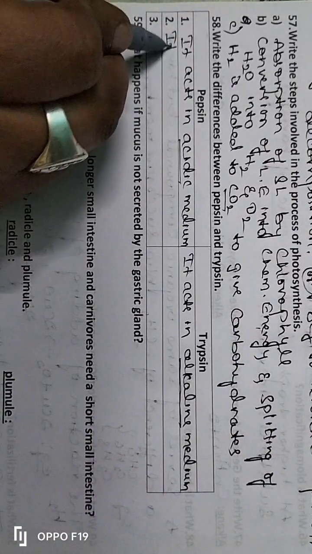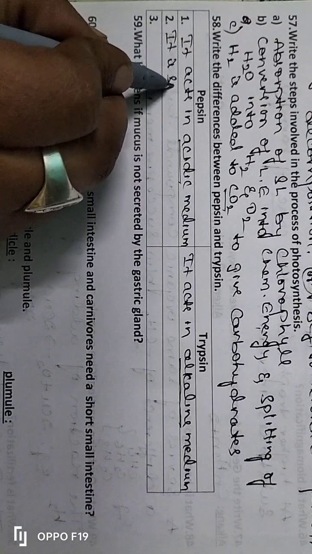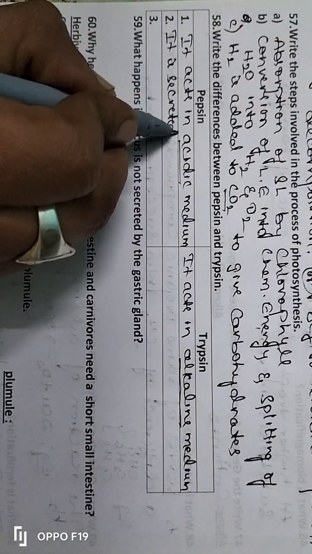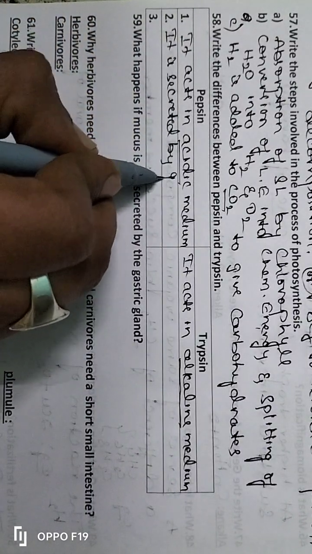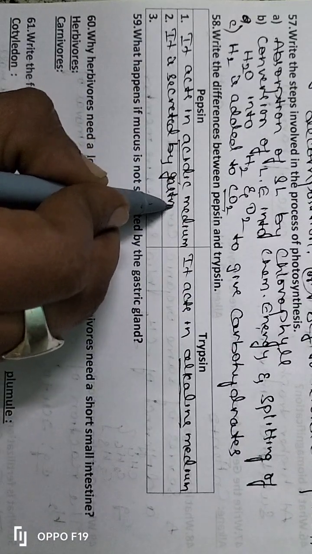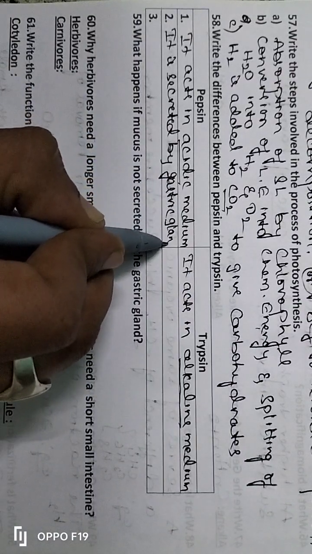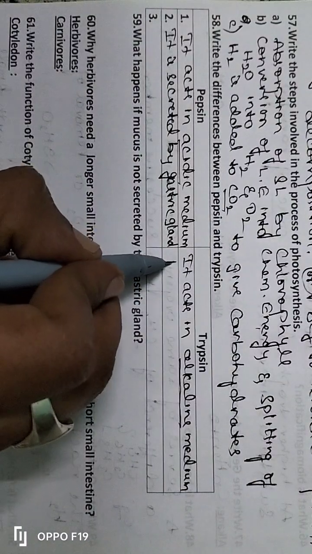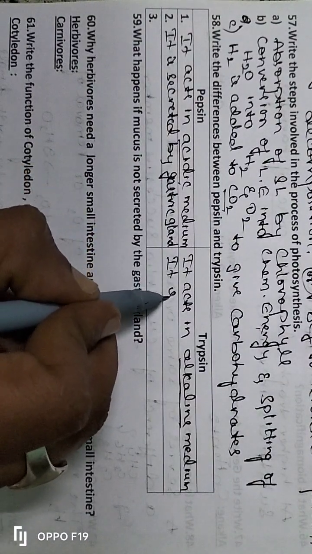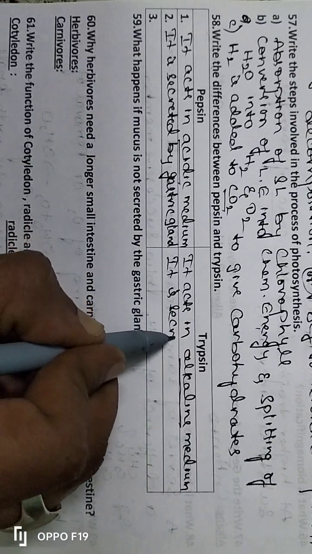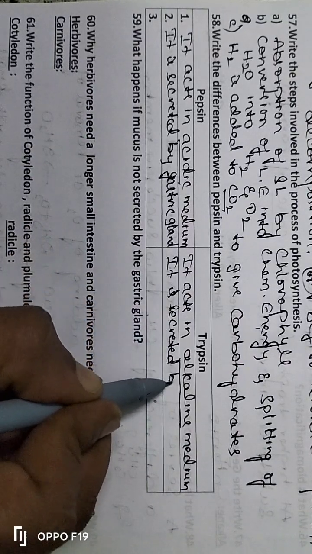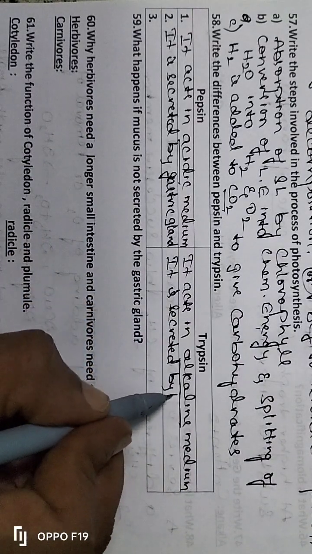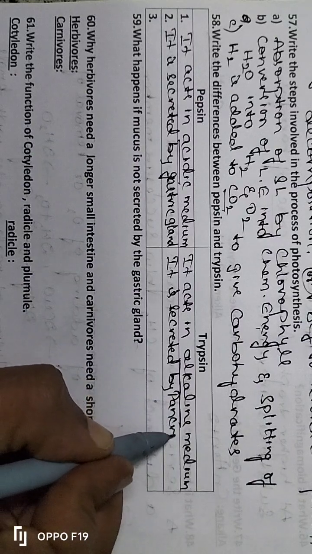Next, the second one: pepsin is secreted by gastric gland. Who will secrete pepsin? Gastric gland. Then trypsin is secreted by pancreatic juice.